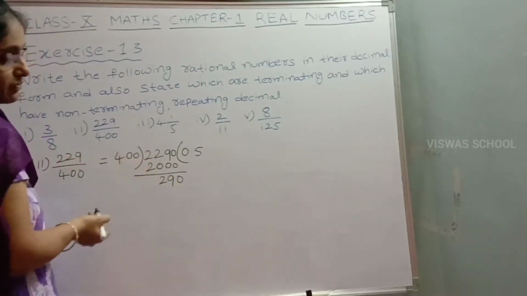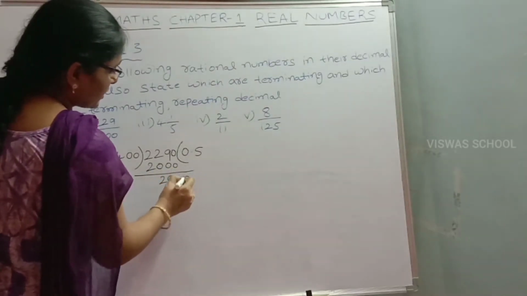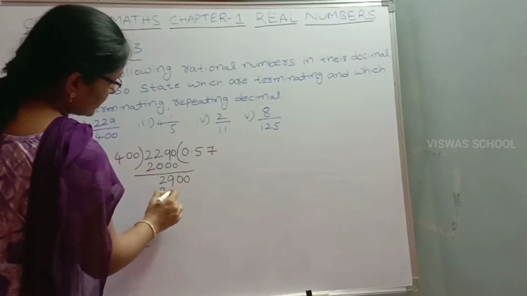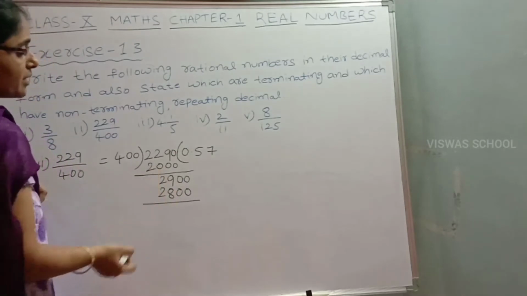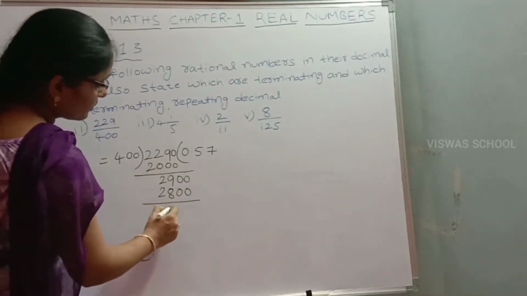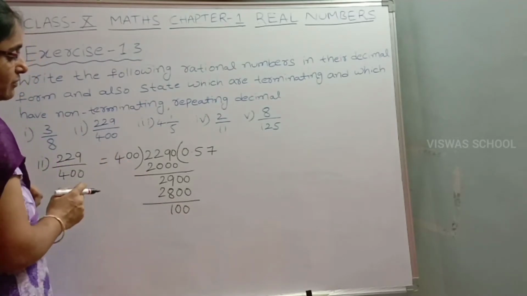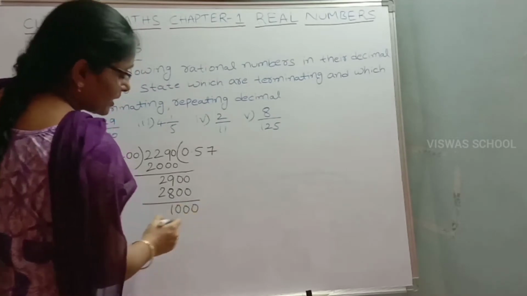Now 290 with 400. 290 is less than 400. Again I am taking here 0. Now 400 7s are 2800. Now 2900 minus 2800 is equal to 100. Now again 100 is not divisible by 400 because 100 is less than 400. Again I am taking here 0.